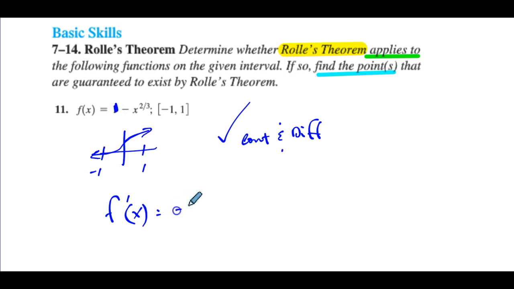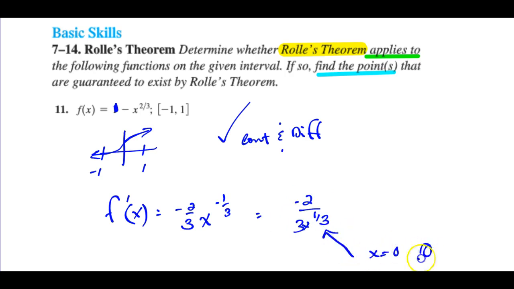The derivative of this is -2/3 x to the -1/3, which you could write as -2/3 over x to the 1/3. And all of a sudden I see, ooh, if x is 0, this function's undefined and 0's in that interval between -1 and 1.